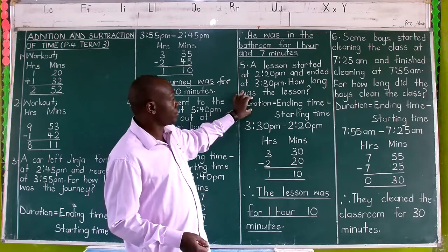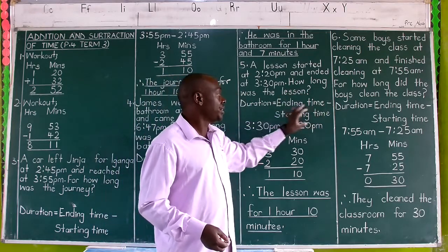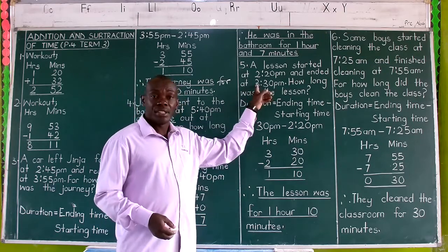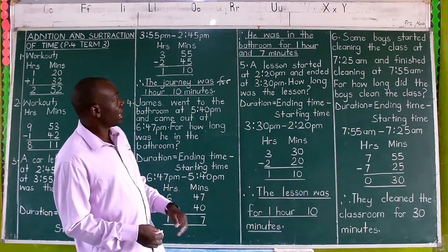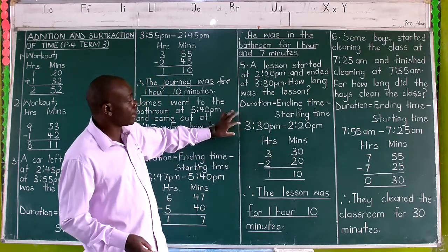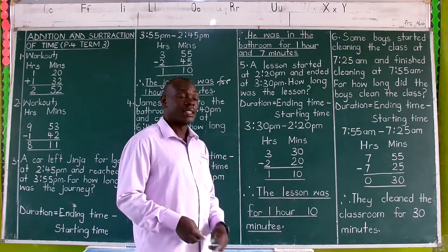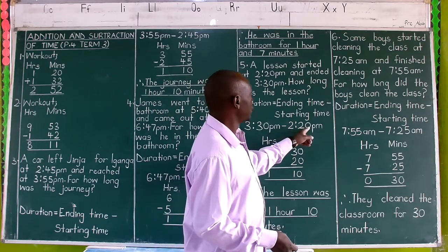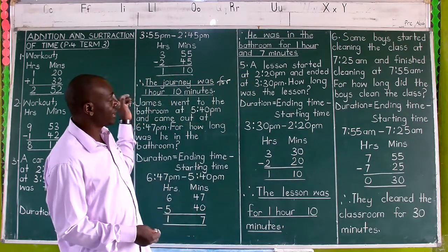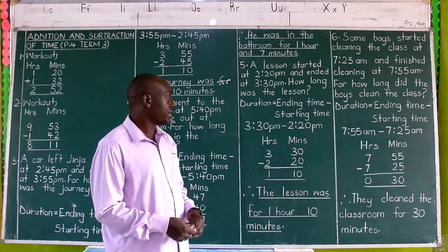Still asking for duration of the lesson. So you said duration equals ending time minus starting time. The lesson ended at 3:30 p.m. having started at 2:20 p.m. So you write them 3:30 p.m. minus that 2:20 p.m., thereby subtracting time like the subtopic suggests.